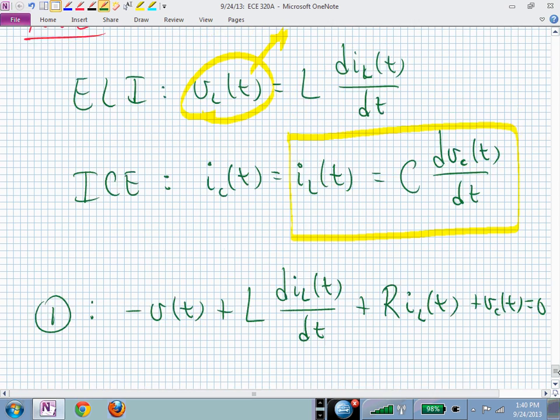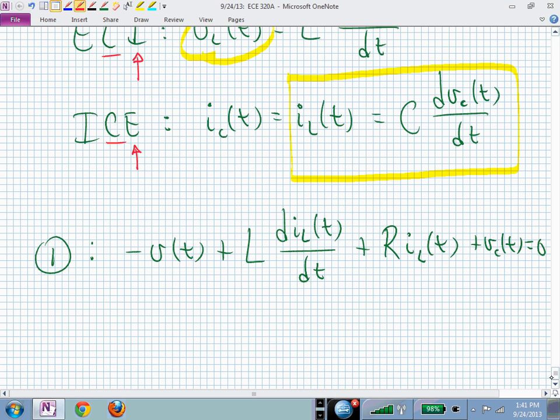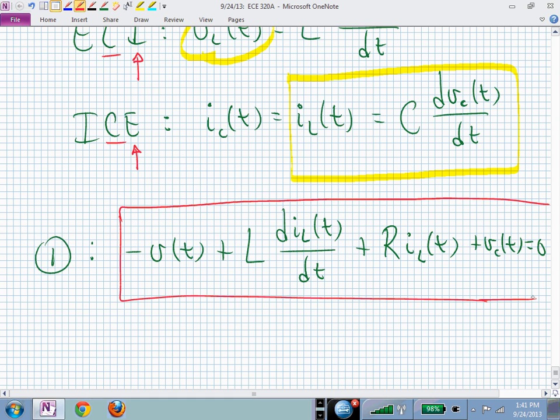Typically what I want to do is focus on writing equations for the inductor current and the capacitor voltage. Those will be what we can call state variables. This is now a first-order differential equation with two variables, I sub L, the inductor current, and V sub C, the capacitor voltage.